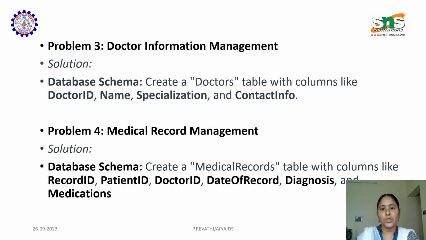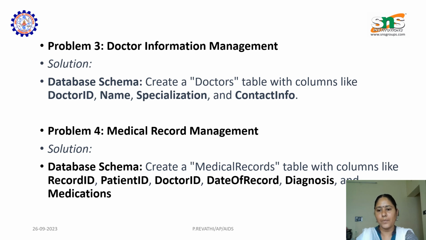Problem 3. Doctor information management. Database schema. Create a doctor table with columns like doctor ID, name, specialization and contact information. Doctor is a table name. The attributes are doctor ID, name, specialization and contact information. Problem 4.